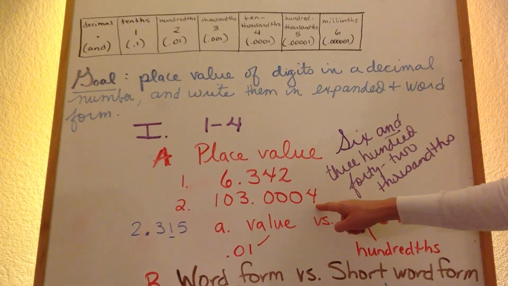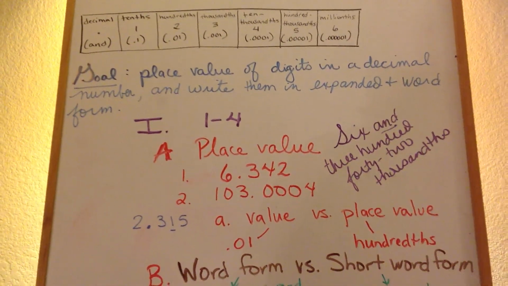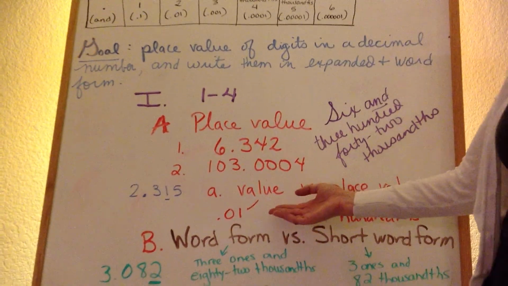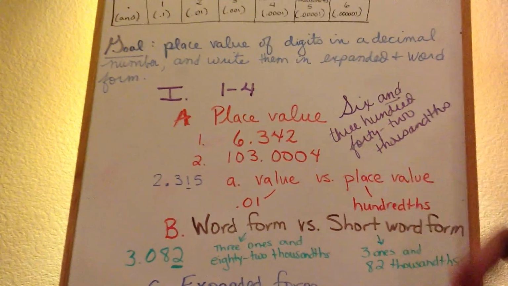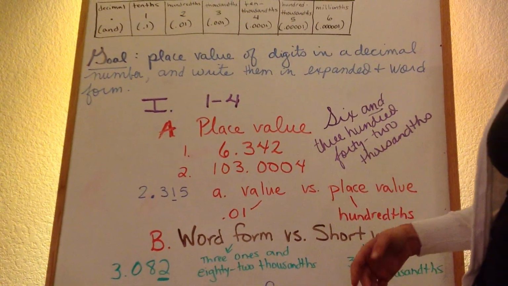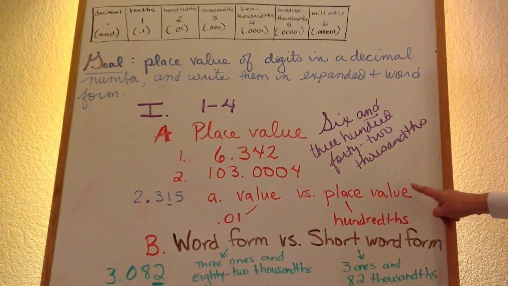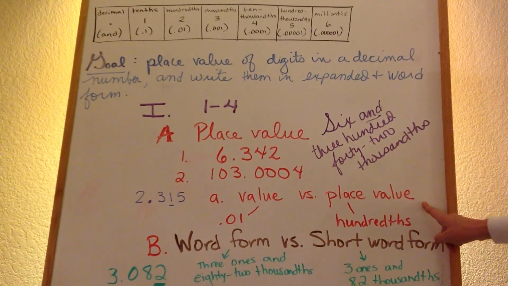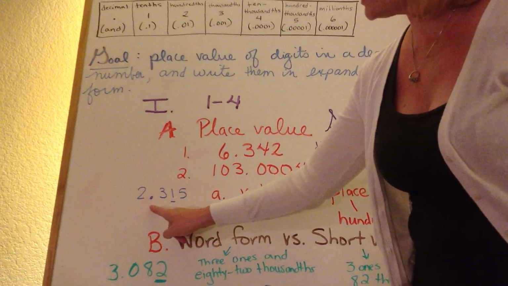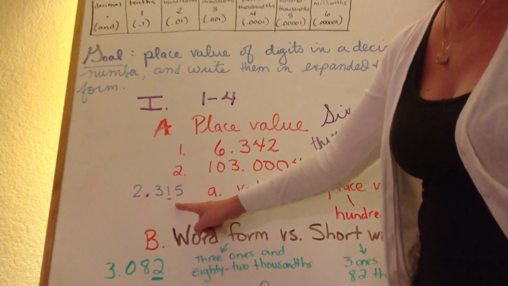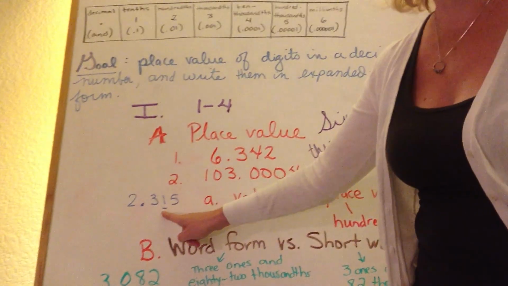That's its place value. Now, one thing that we need to talk about is the difference between value and place value, because sometimes your book will ask you the value of a number, and sometimes they'll ask you the place value of your number. So I have the number here, 2 and 315 thousandths, and I want to know the value of this 1.